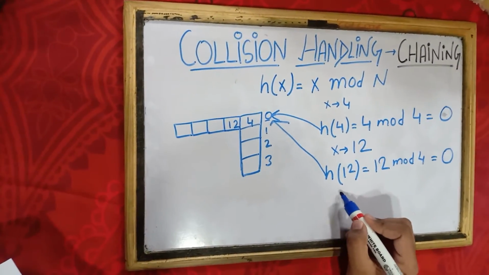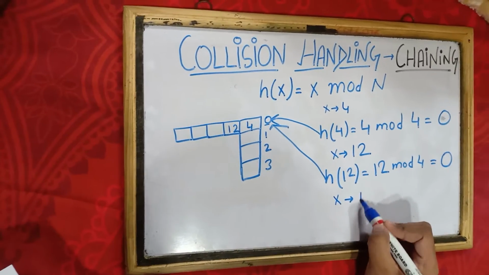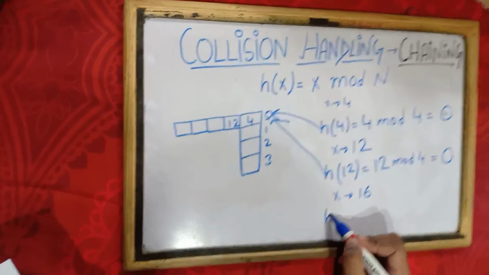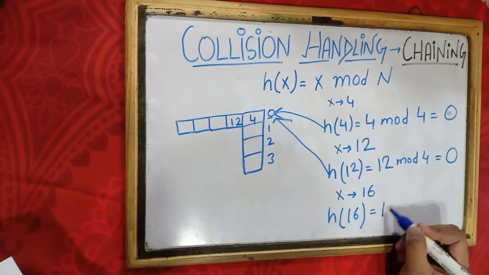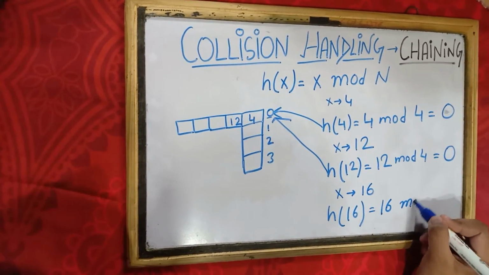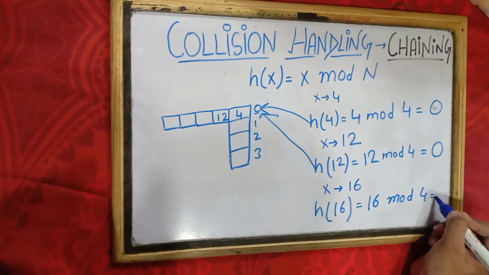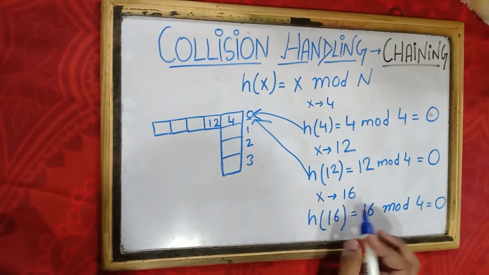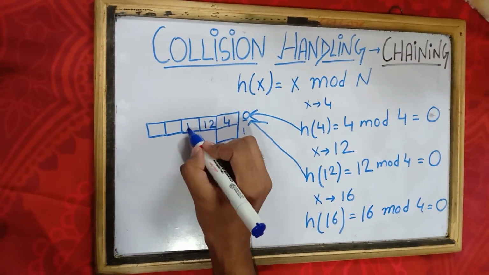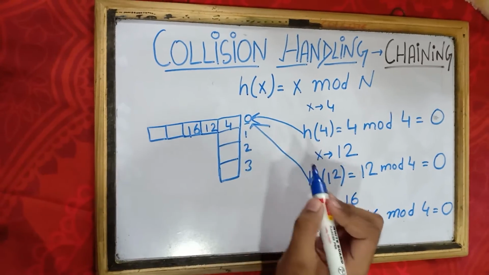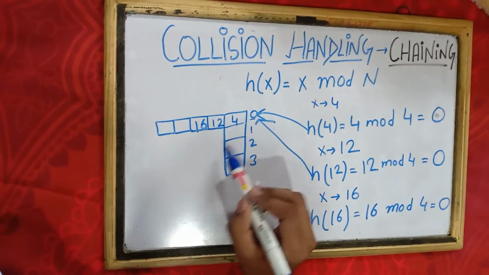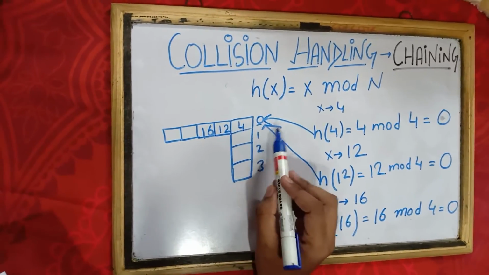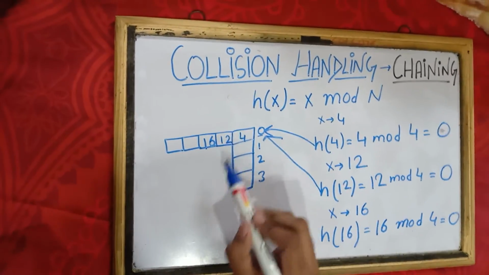Let's say we have key 16, then h(16) is equal to 16 mod 4. Again this will be placed at index 0. So now we have a linked list consisting of all the keys placed at index 0. This is how separate chaining works.